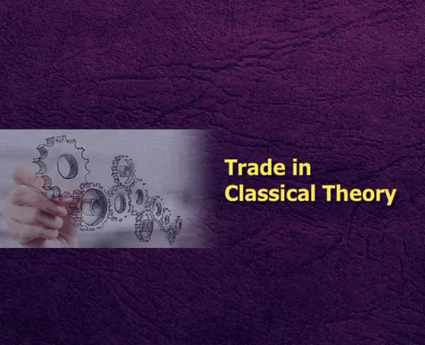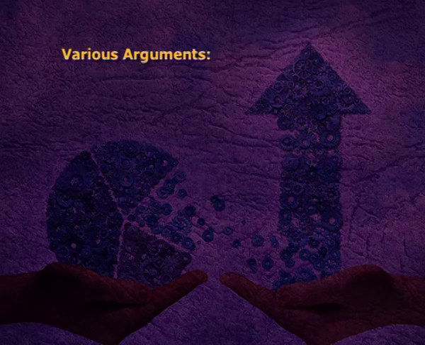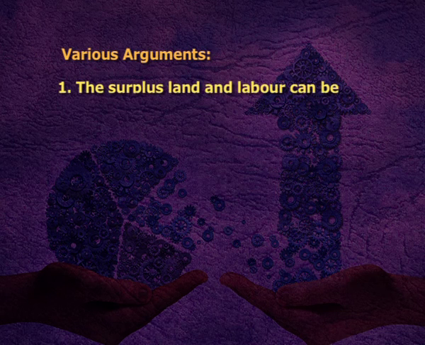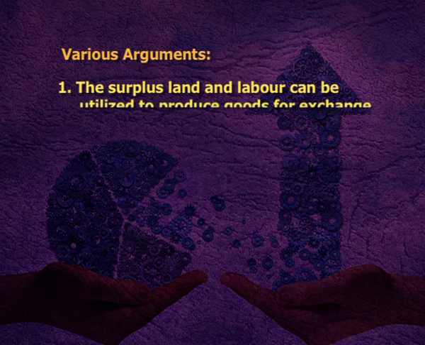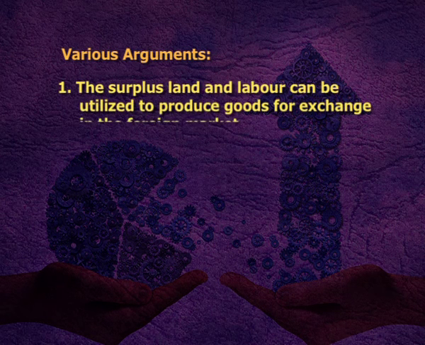Let us review and remember trade in classical theory. According to classical theorists, trade has an impelling effect on development which can be explained by forwarding various arguments as: first, the surplus land and labor can be utilized to produce goods for exchange in the foreign market.